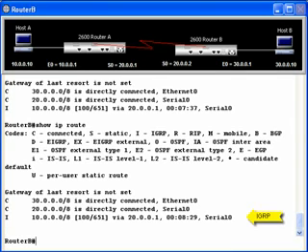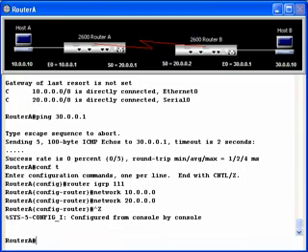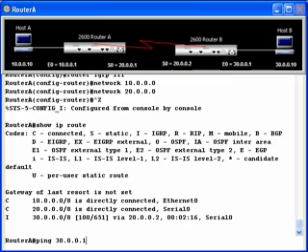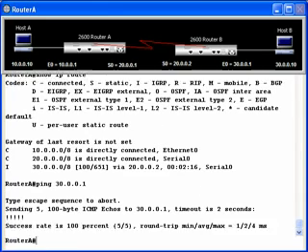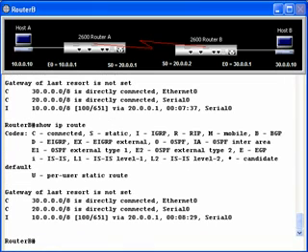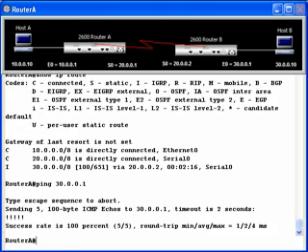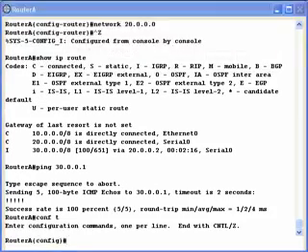Show IP route on router B and show IP route on router A display the use of the IGRP protocol. The ping to the 30 network from router A is successful. And the ping to the 10 network from router B is successful. This completes the IGRP protocol.